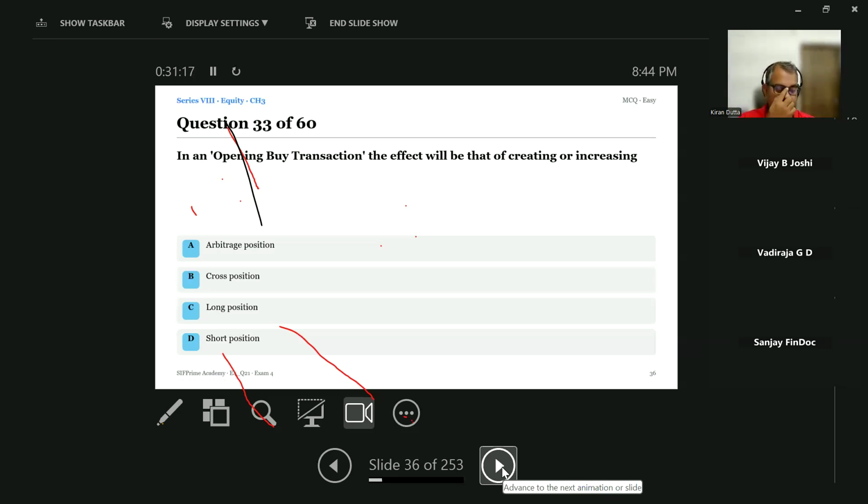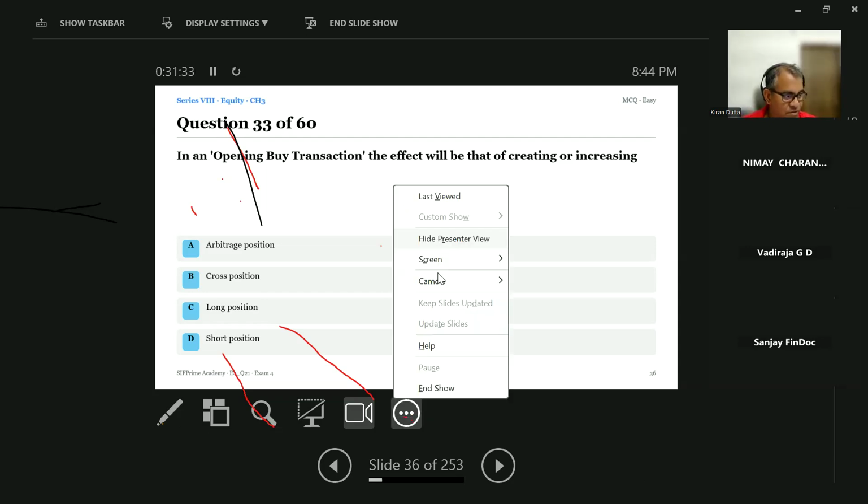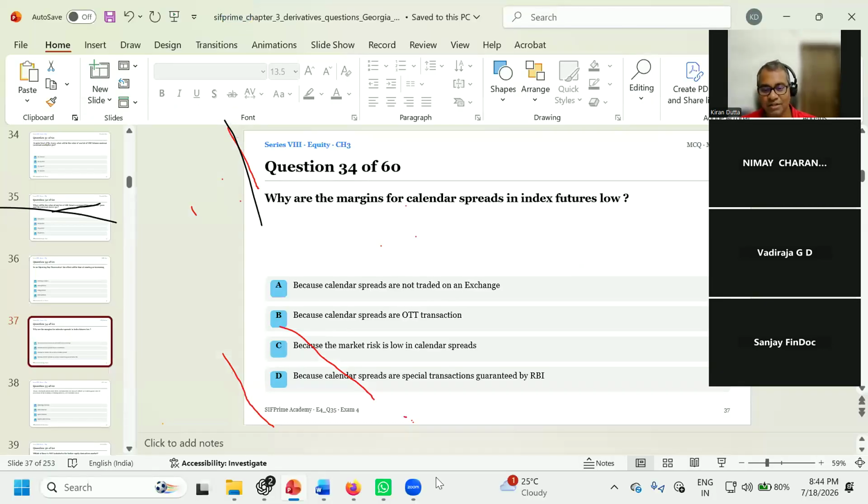Sir, can you erase the line? I don't know who did that. Are you all seeing those lines? Yes, we are seeing. It makes some disturbance. Just give me a second. Go to my room.